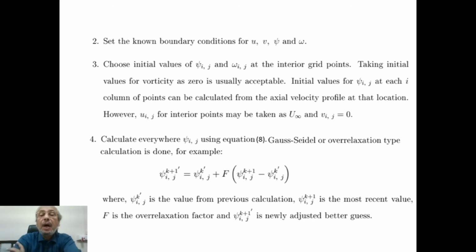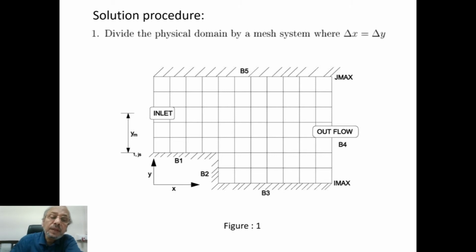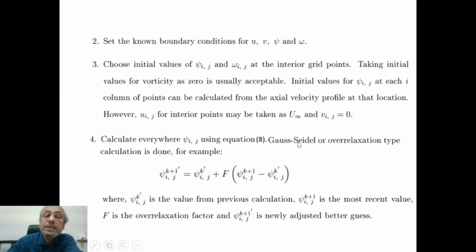So how do we set up the algorithm? We know the boundary conditions. We have not discussed them so far, but we'll discuss them shortly. Boundary conditions have to be known on all confining surfaces. So we'll have to apply boundary conditions on u, v, psi and omega.